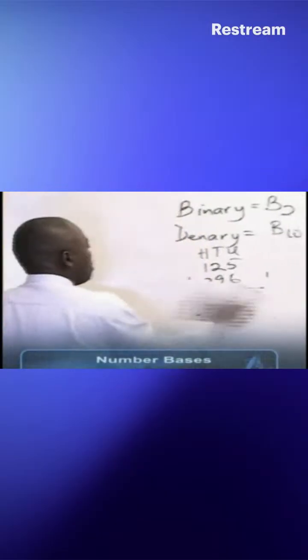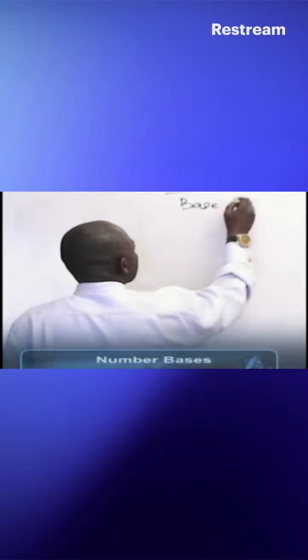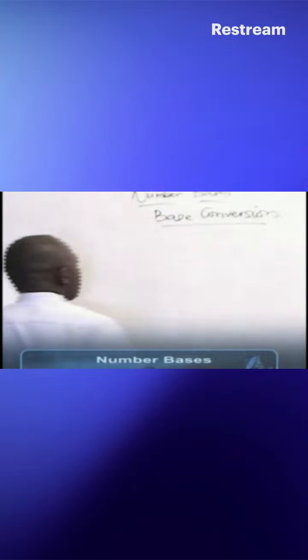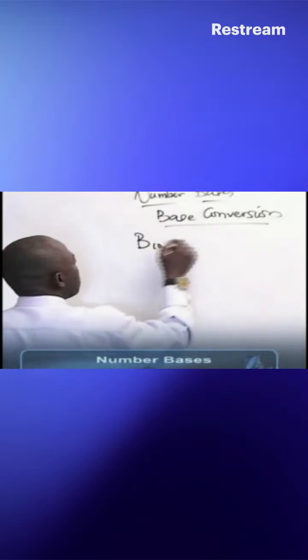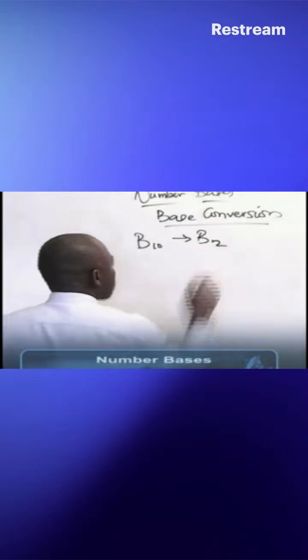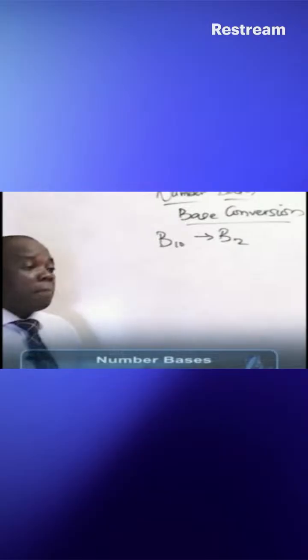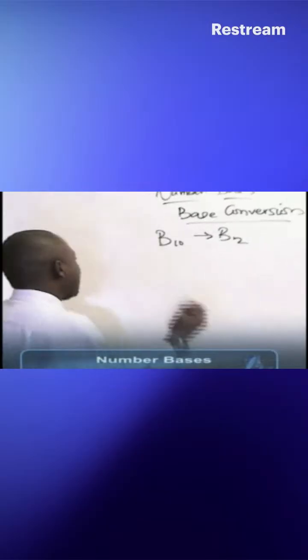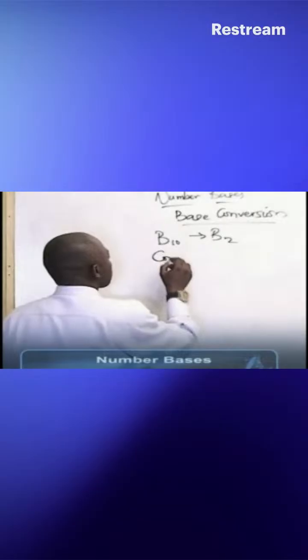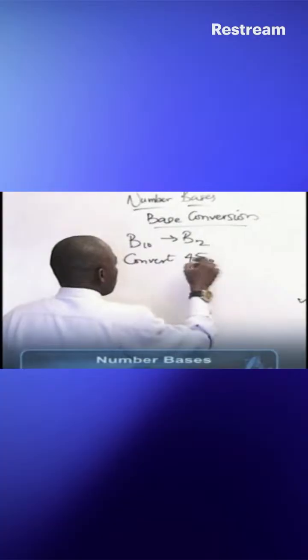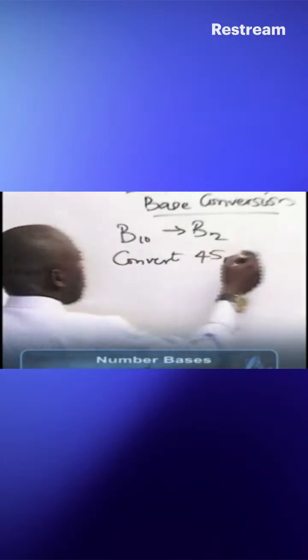The first one we're going to be doing now under number bases, we are looking at base conversion, and we are looking at base 10 to base 2. If, for instance, I ask you to convert a number in base 10, I say convert 45, usually we do not put 10 there, to base 2.